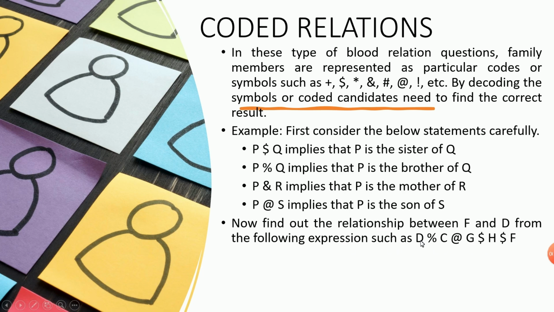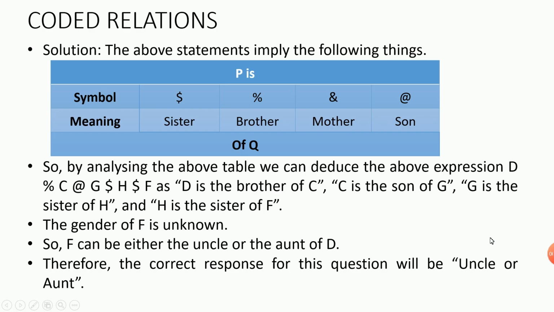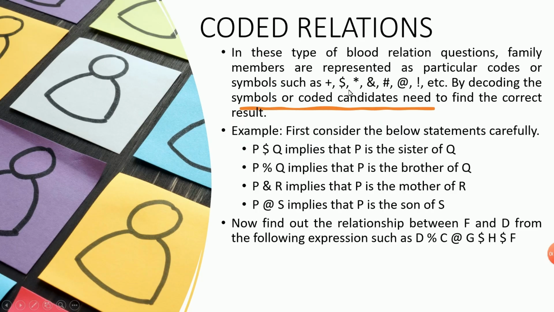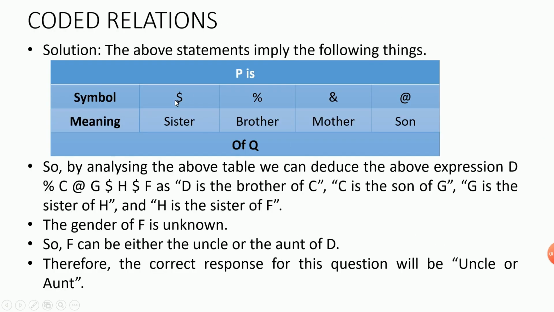You have to find out the relationship from this expression. From the above statements, the dollar, percentage, ampersand and at symbols are known as sister, brother, mother and son. So here we are analyzing based on this table.